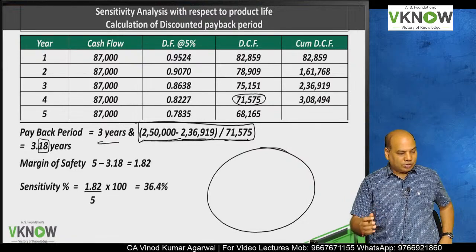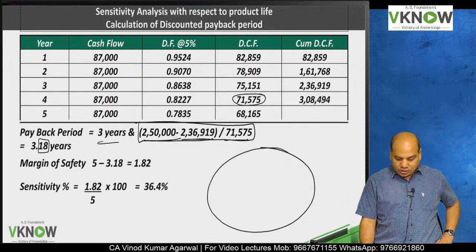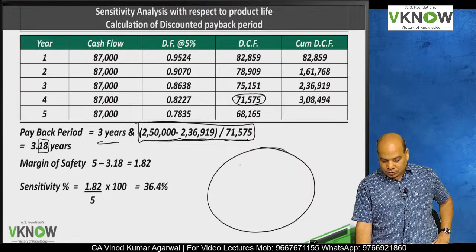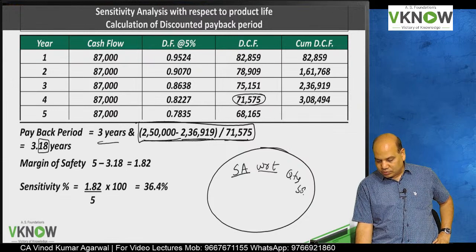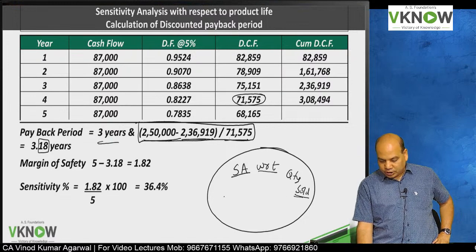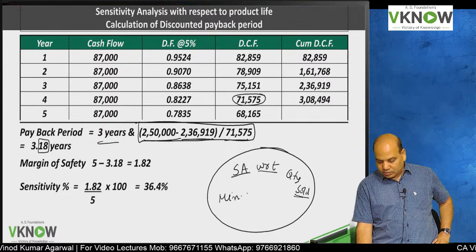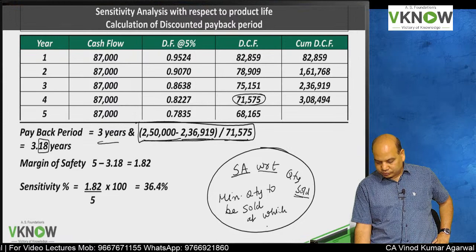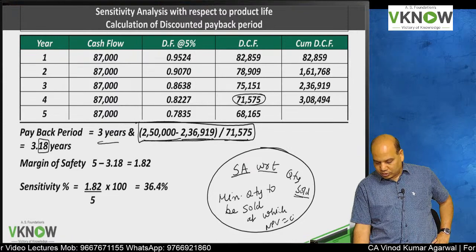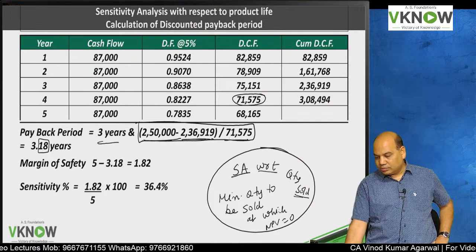Next question number 2, sensitivity analysis with respect to quantity sold. You have to tell me what is the minimum quantity to be sold at which NPV will be equal to 0.